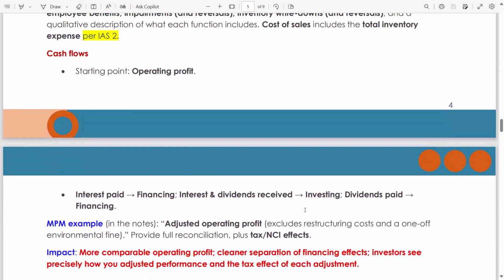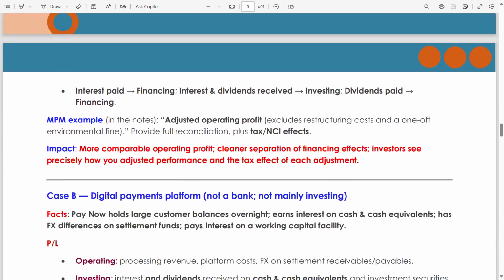Interest paid is financing, interest and dividends received are investing, dividends paid are financing. MPM example in the notes: adjusted operating profit excludes restructuring cost and a one-off environmental fine. Provide full reconciliation plus tax and NCI effects if any. The impact is more comparable operating profit and cleaner separation of financing effects. Investors see precisely how you adjusted performance and the tax effect of each adjustment.